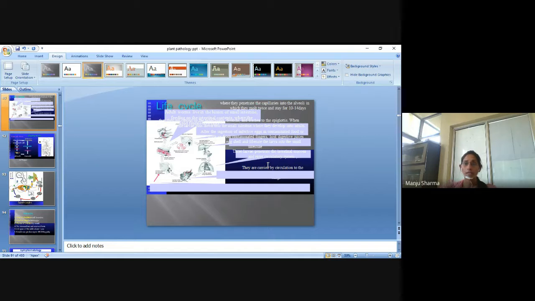In their life cycle, they penetrate the capillaries into the alveoli, where they molt twice and stay for 4 to 10 days.